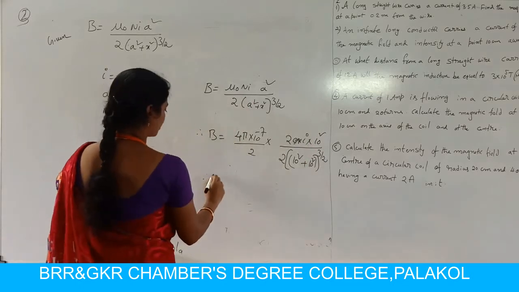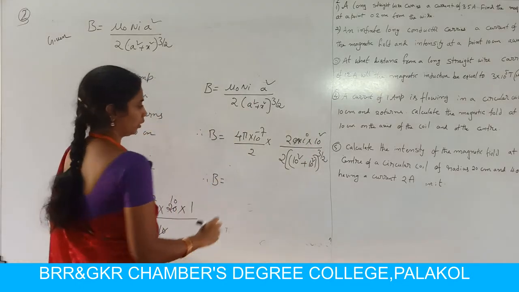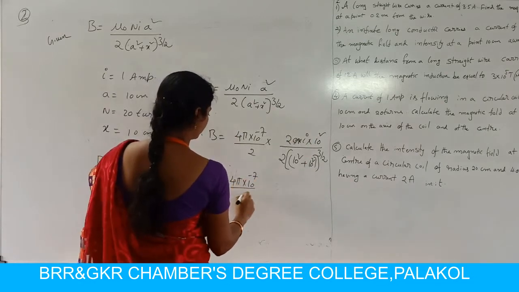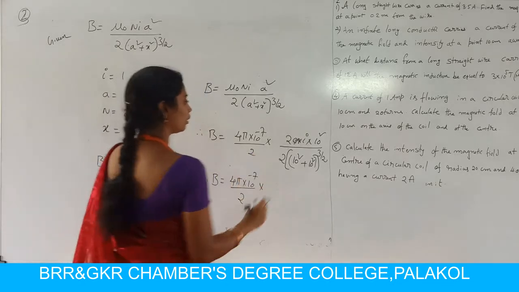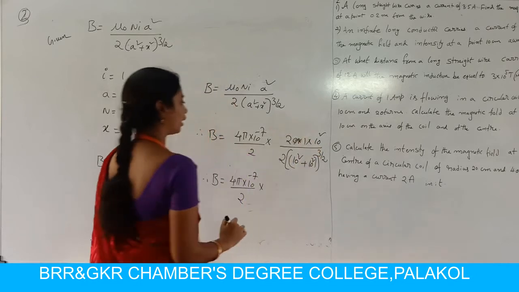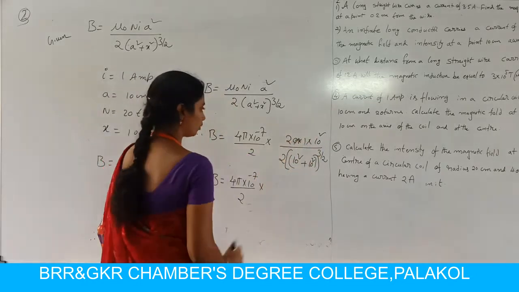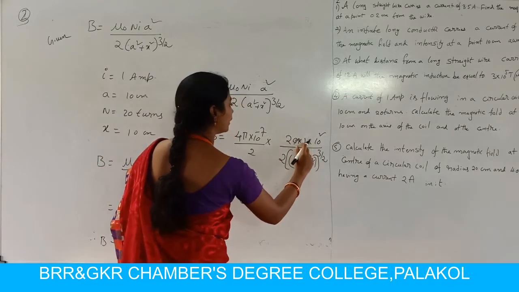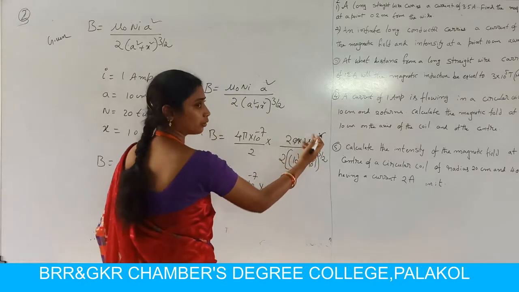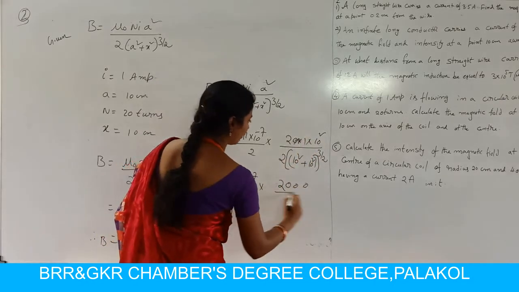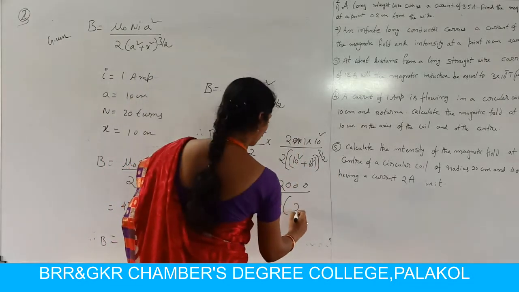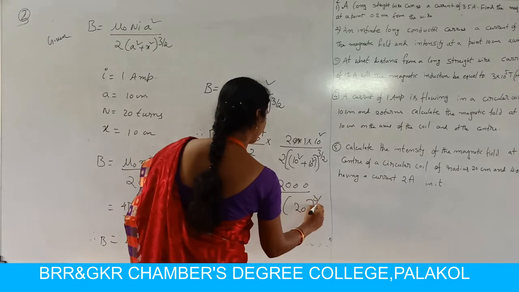Then, simplifying this, we have B equal to 4 pi into 10 power minus 7 by 2, into I, which is 1, sorry, 20 into 1 into 10 square. Here 20 into 10 square becomes 2000. 20 into 100 means 2000, divided by 2 into (10 square plus 10 square, 100 plus 100 means 200) whole power 3 by 2.